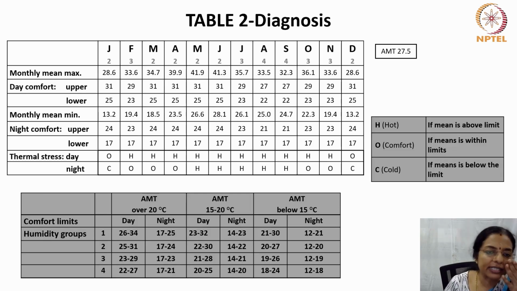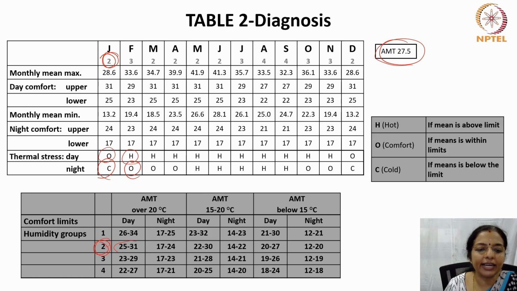So when I do the diagnosis, I find that it is comfort and cold for January. It is hot and comfort for February, and so on. So that is because of the combination of AMT and the humidity group. So an AMT of 27.5 with humidity group of 2. So this is the humidity group. So I need to check what data I should enter.